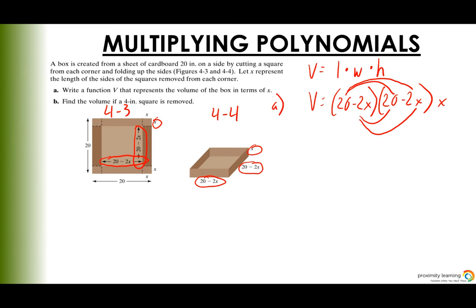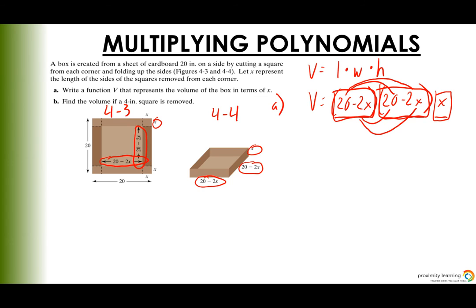Technically, this is a 3-piece polynomial. We have 2 binomials and a monomial. We have 2 terms, 2 terms, 1 term.